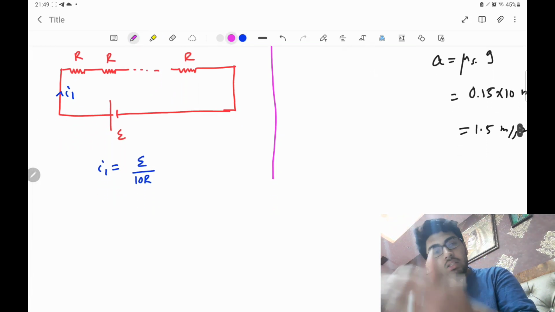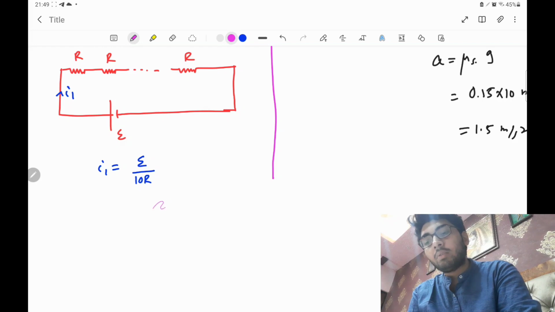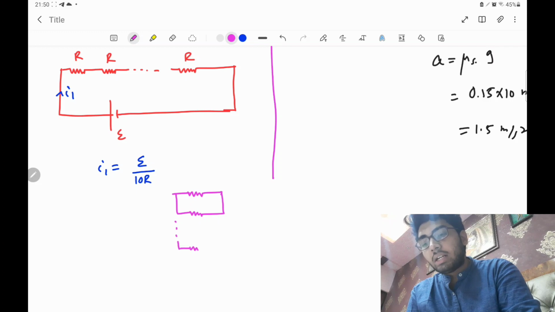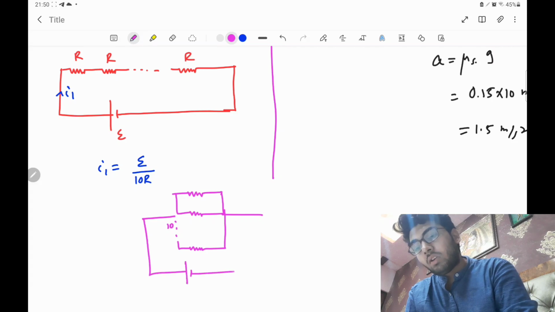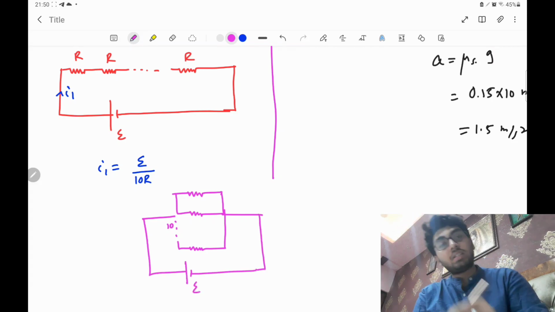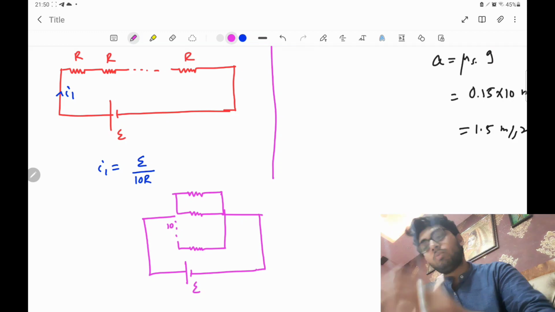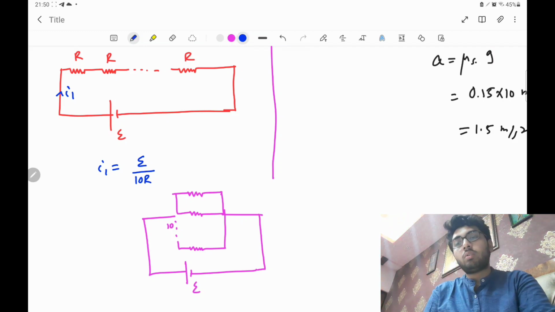Now in the new situation, I have arranged all the 10 resistances in parallel, so there are 10 rows, and then further I have joined them with the same battery of EMF E and internal resistance R. In this new situation, what will be the new resistance, or what will be the new current?